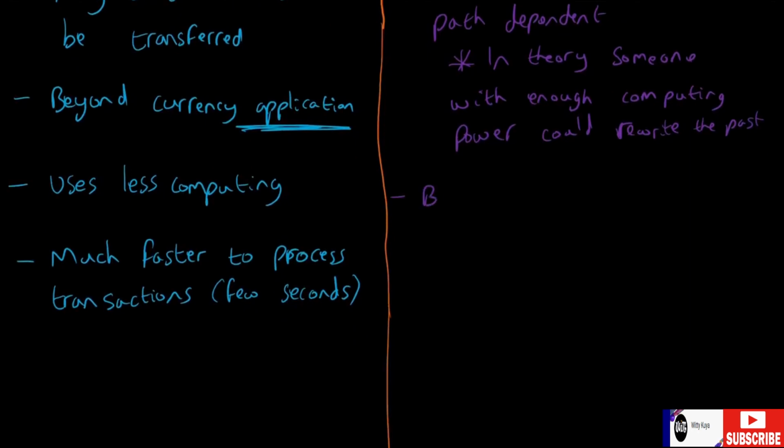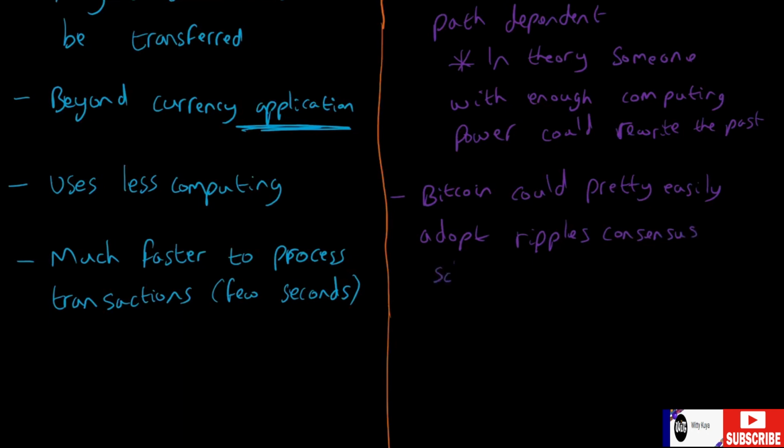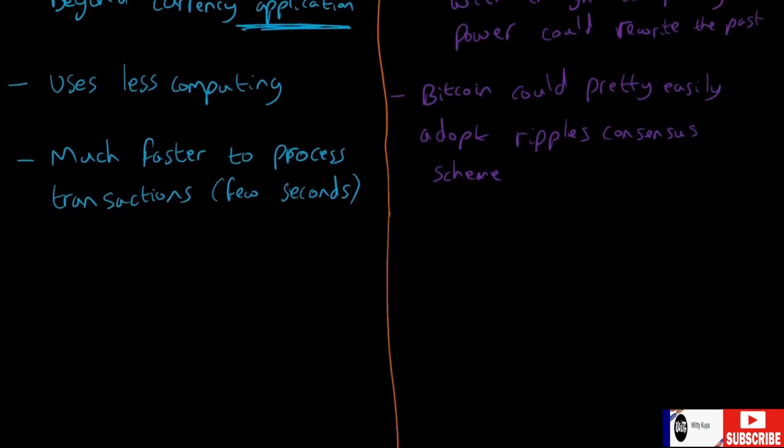Another thing is Bitcoin and other cryptocurrencies could pretty easily adopt Ripple's consensus scheme, which is what it uses for transaction verification. So if that was the only major thing that people want to use Ripple for, they could implement it. It wouldn't be a ridiculous amount of effort.